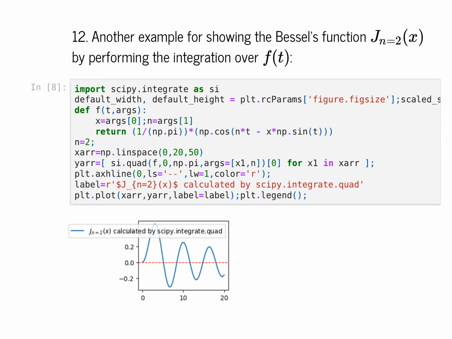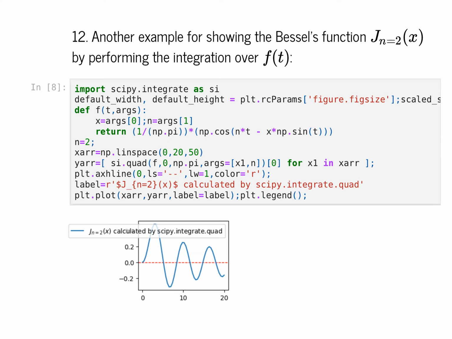The key part is a list comprehension. For each value x1 in our xar, it computes scipy.quad(f, 0, np.pi, args=(x1, n))[0]. This performs the Bessel integration for n equals 2 at that specific x1.